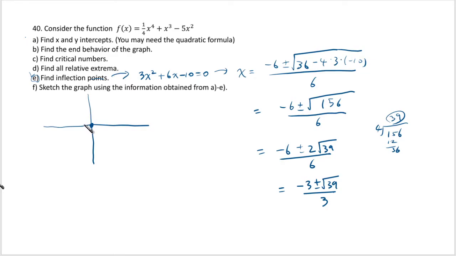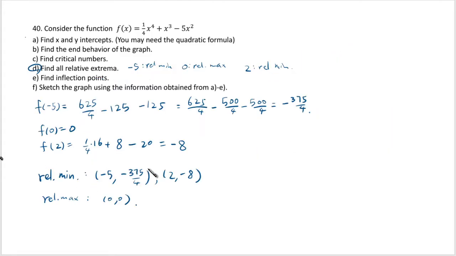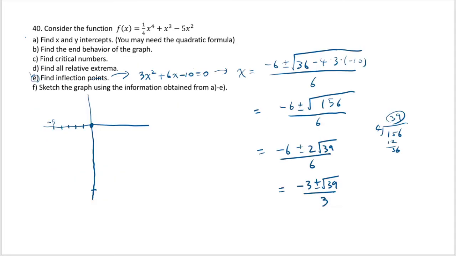So let's see, if you go 1, 2, 3, 4, 5 steps to the left, negative 5, and then way down here, figure not drawn to scale here, you have this negative 375 over 4. That's very big. It's almost like negative 100, right? 5 over 4.